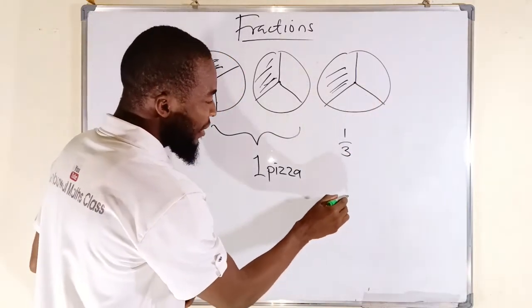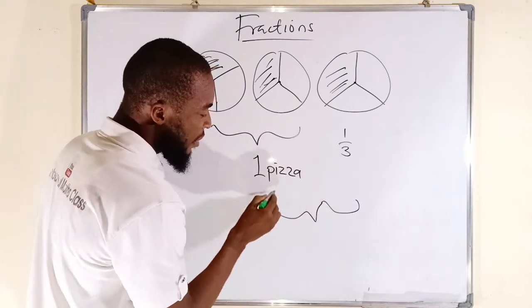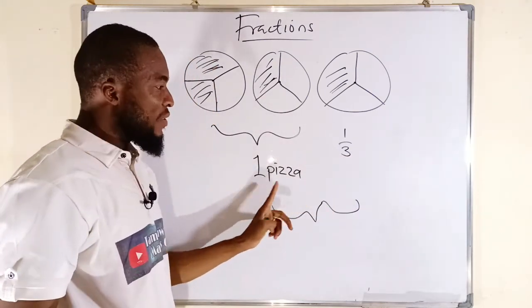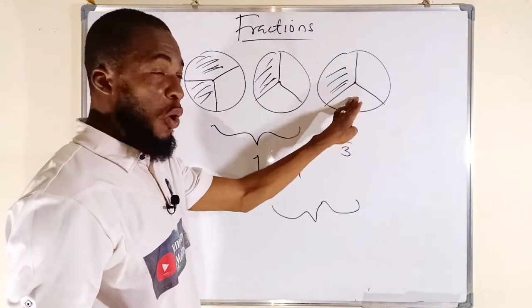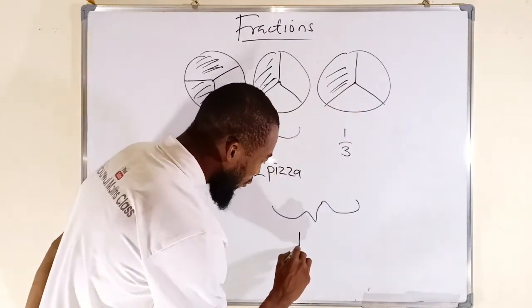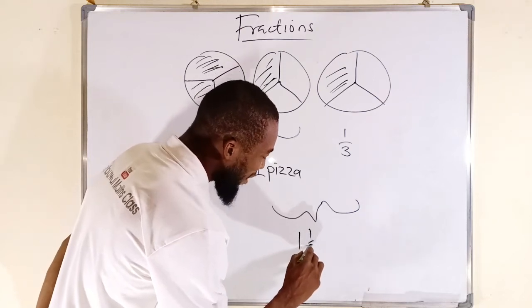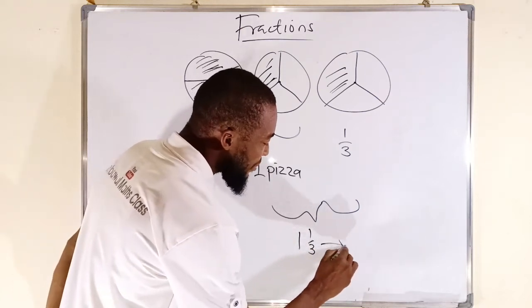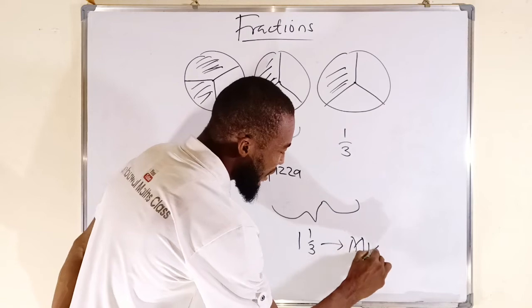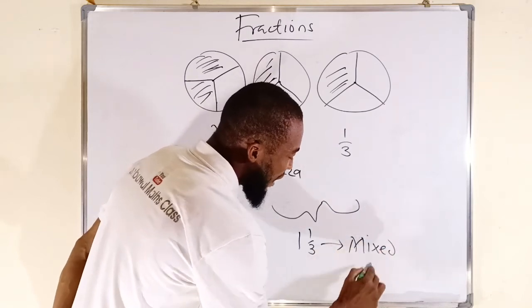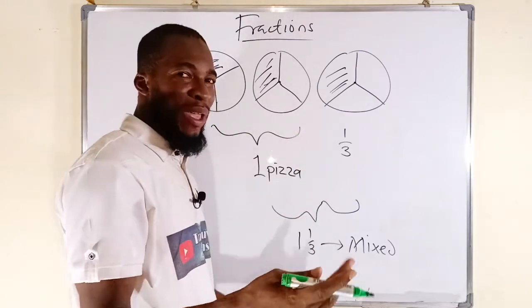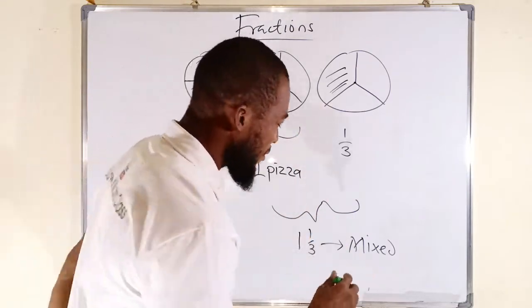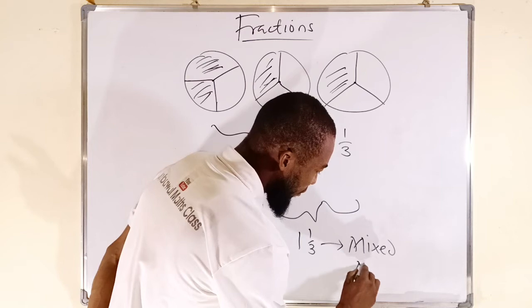So if you combine these 2 together, we have 1 complete pizza and also 1 out of 3 of a whole pizza. Together we have 1 and 1/3, which is a what? Mixed number. This implies that an improper fraction can also be converted into a mixed number. They are somehow related.